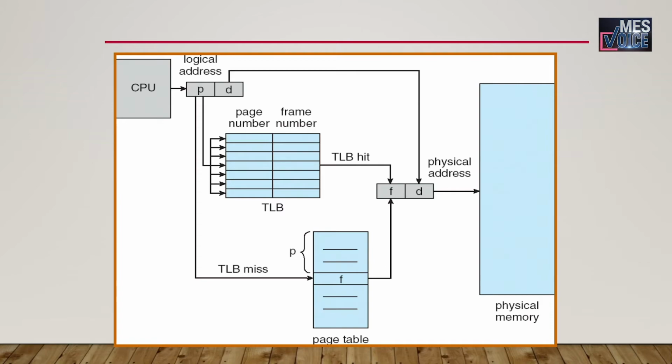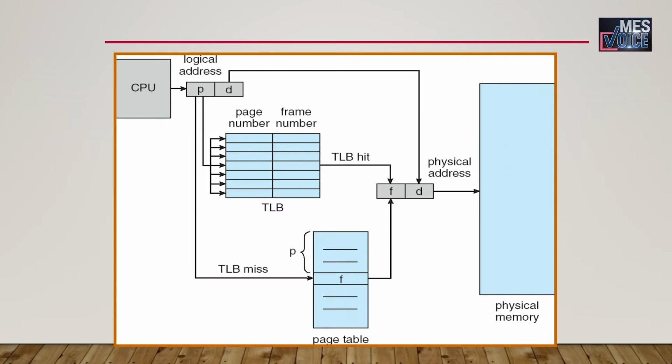Here also, as we have seen in the case of paging hardware, the logical address generated by the CPU contains two parts, the page number and the displacement. Since the TLB is introduced, the page number will be given to the TLB, and if the corresponding page number is available in the TLB, the corresponding frame number will be combined with the displacement, and that will be the actual physical address.